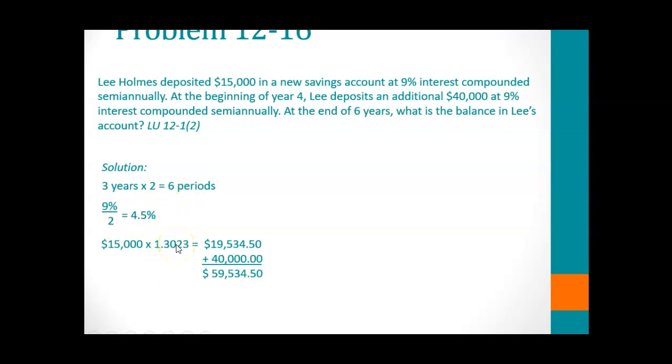You get the same factor of 1.302. But now we'll take that times the $59,534.50. So at the end of 6 years, Lee will have in the account $77,531.78. Not a bad investment.